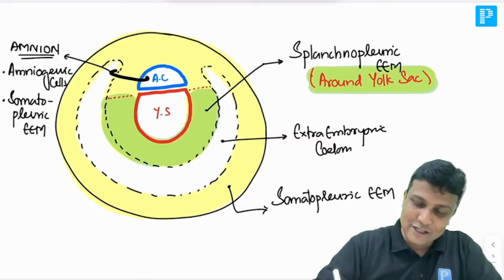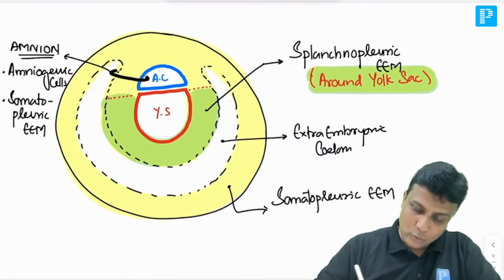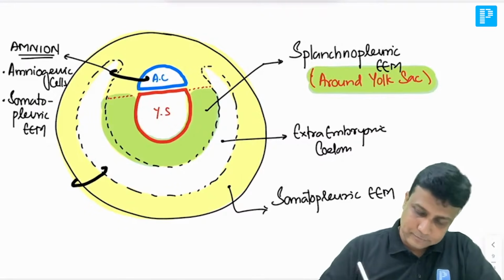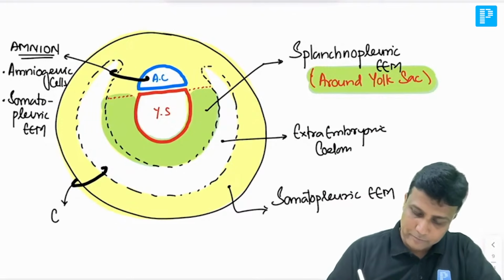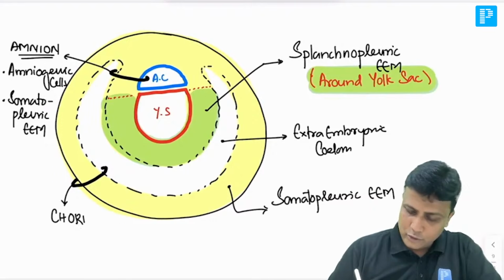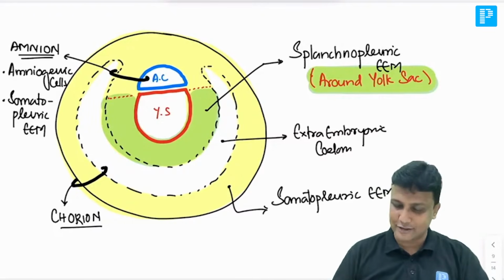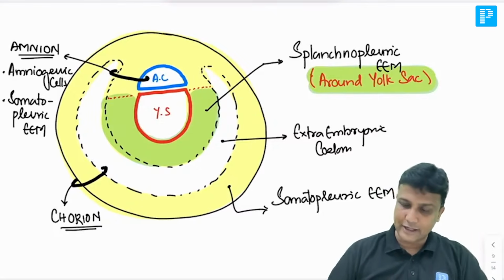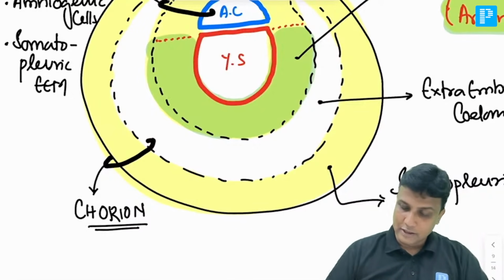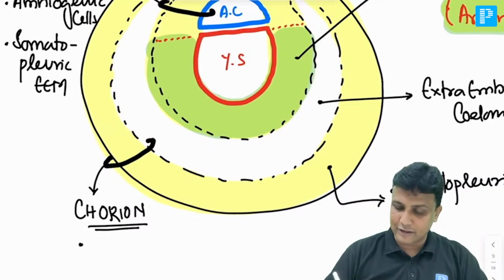Okay, the next one, what is chorion? If that is your amnion, these two layers together are going to form your chorion. No need to mug up. Look at my diagram and try to answer: chorion will be formed by dash and dash. Come on, tell me. Remember the outer black colored line here will be the trophoblast.